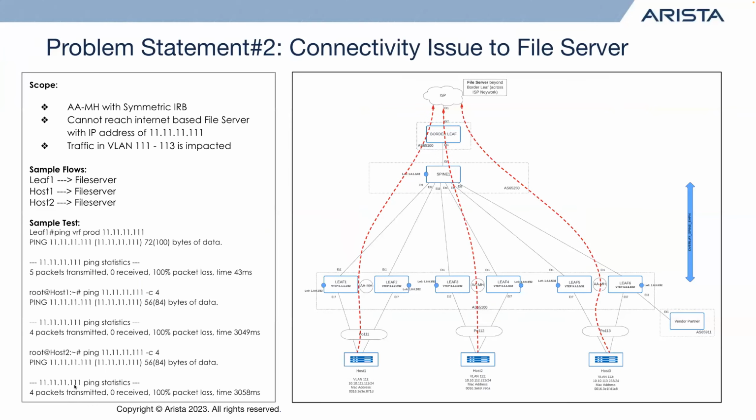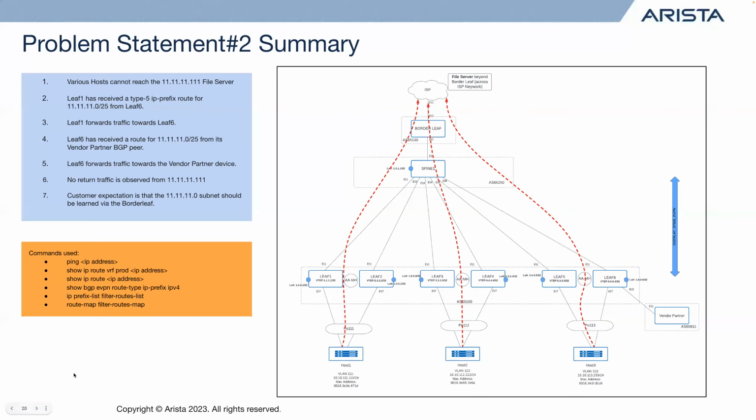Okay, so let's look at the summary for problem statement 2. Various hosts could not reach the 11.11.11.111 file server. Leaf 1 received a Type 5 IP prefix for 11.11.11.0/25 from Leaf 6. Leaf 1 forwarded traffic towards Leaf 6.